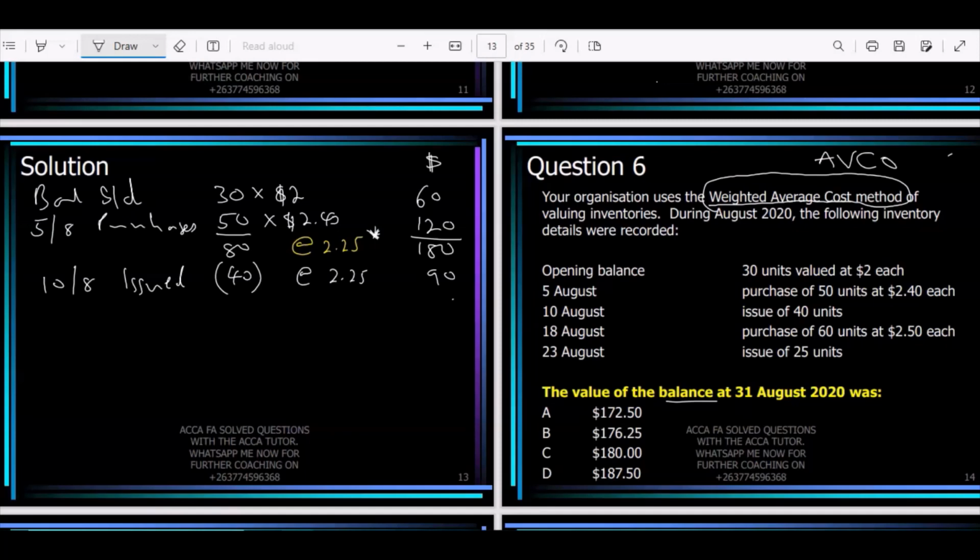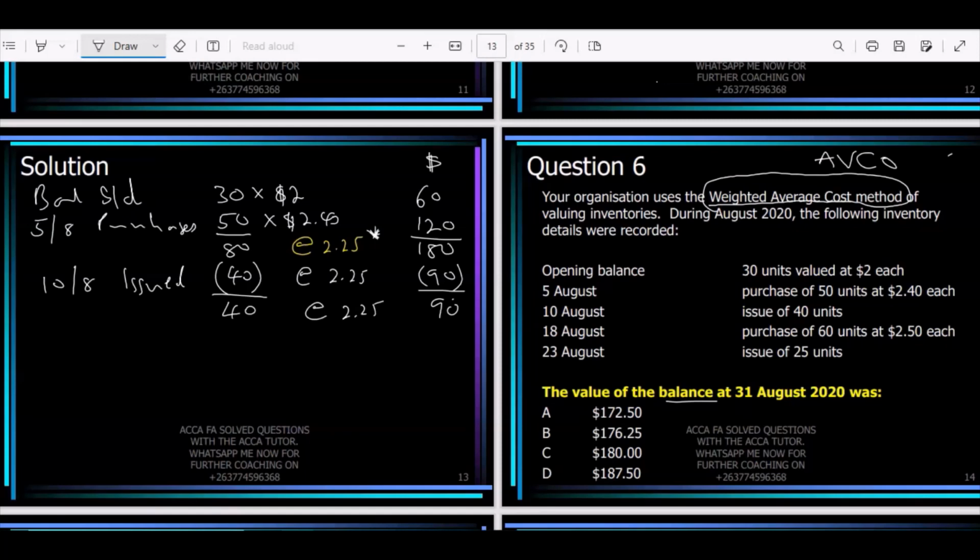That's the cost of the issues. 90 was gone. So we are now left with how much in stock? We are left with 40 units, and here 90, at the same value. These are the items which are left in inventory.